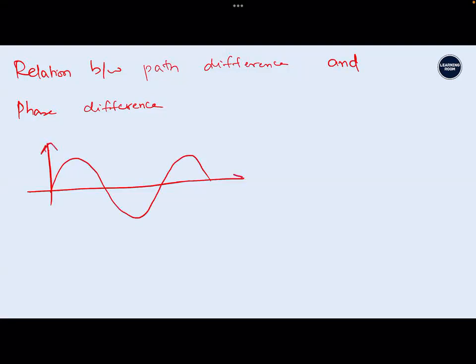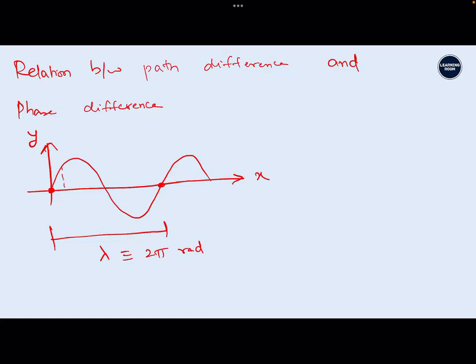So if I look at a wave like this, if I call this as x and y, between these 2 points, if you observe, the distance is 1 wavelength. So 1 wavelength corresponds to 2 pi radian.